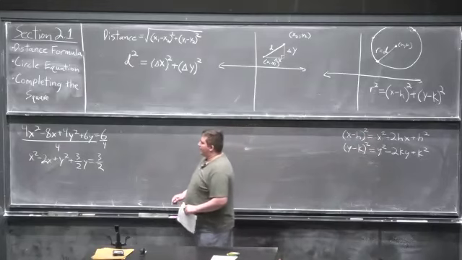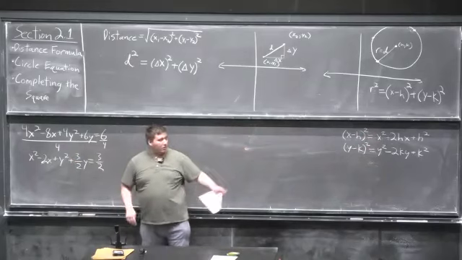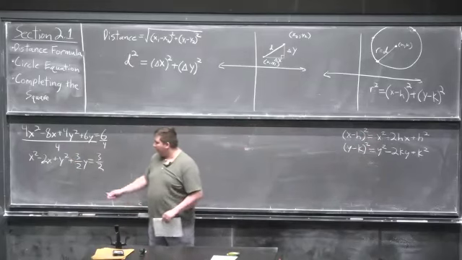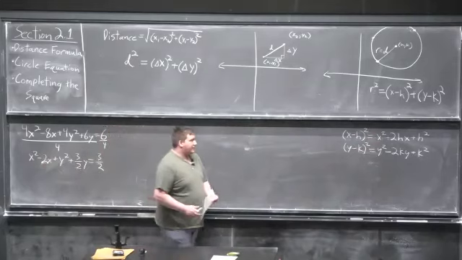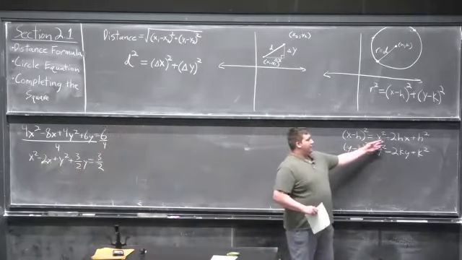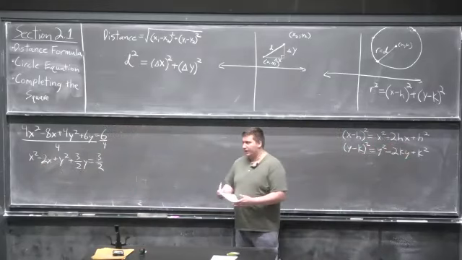But first, we have to make it look a little bit more like that, because we have this kind of negative 2x. Well, that looks kind of like this negative 2hx, but where's this h term coming from? How can we find it?